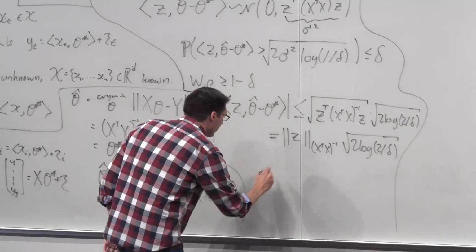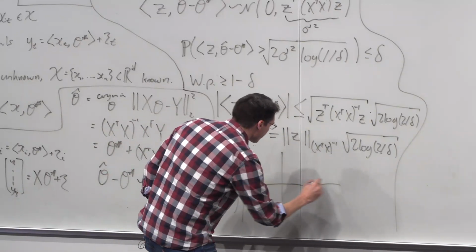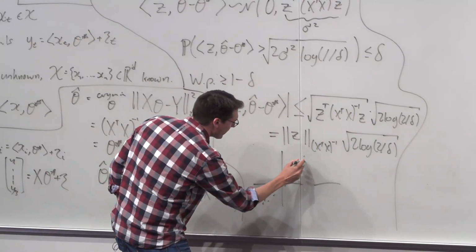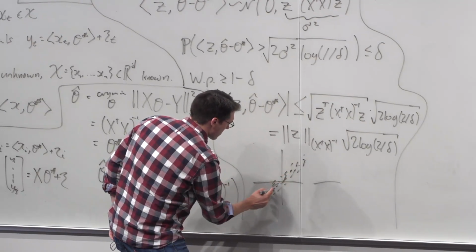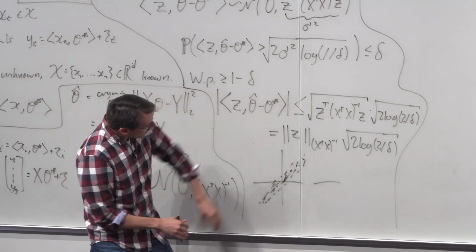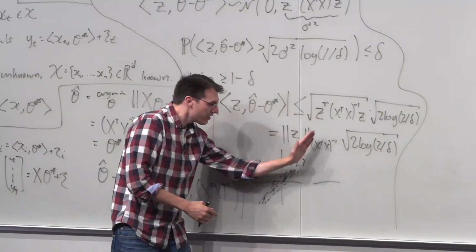Again, the picture that I drew last time was, if your x's looked like this, then you have a lot of x's in this direction.